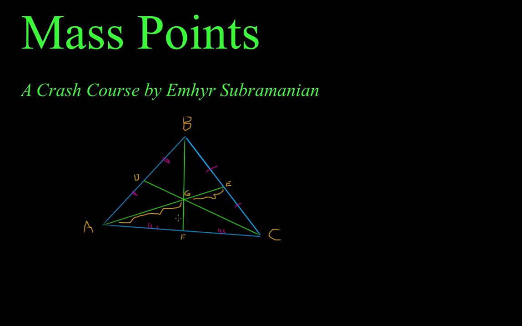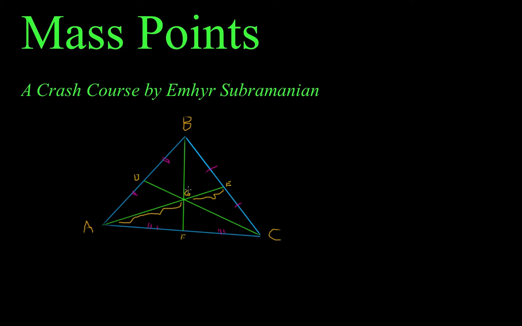So this is how to demonstrate mass points. First, you can identify some ratios here, since a ratio is what we're trying to find at the end. And a ratio is simply a fraction. So we're just trying to find, in this case, GE over GA, or DG over CG, or FG over BG.